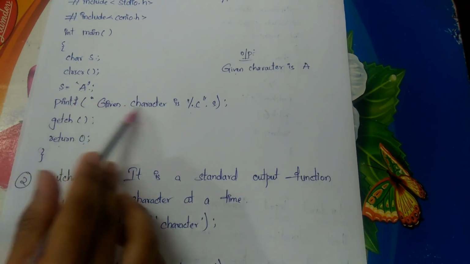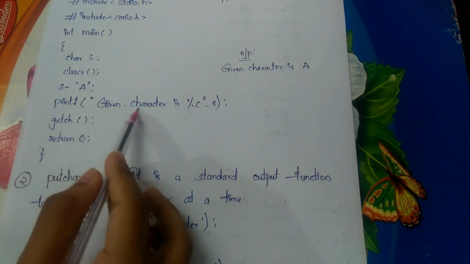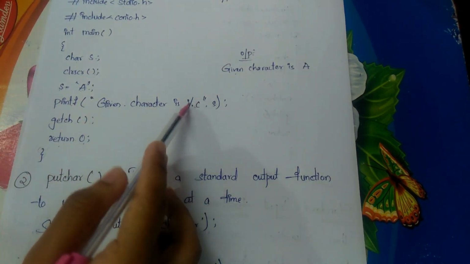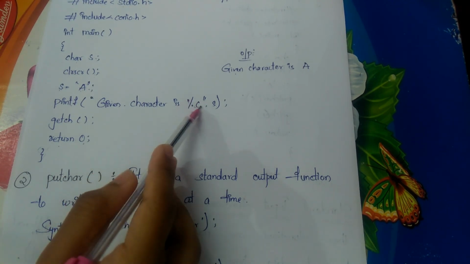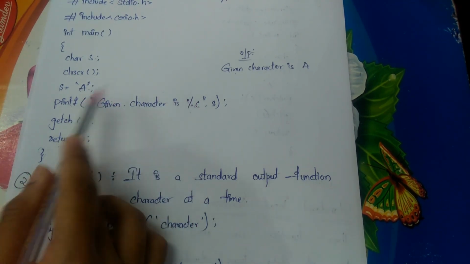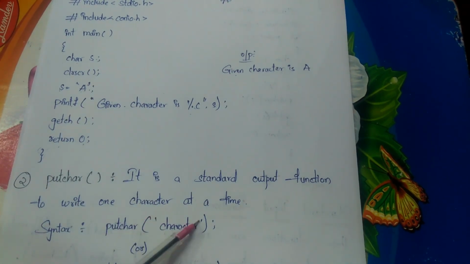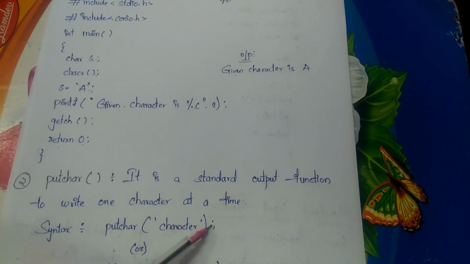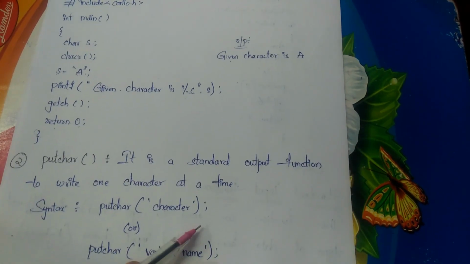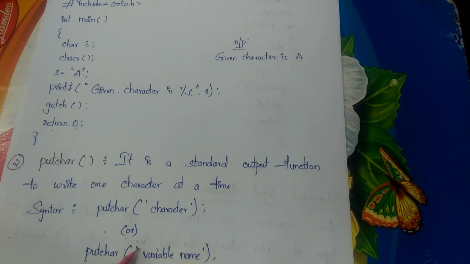Whereas in printf we can write a collection of characters, we can write a string, and we can also use the format specifications, and we are using double quotes. But in putchar we have to use single quotes, and at a time only one character is allowed, ended with a semicolon.